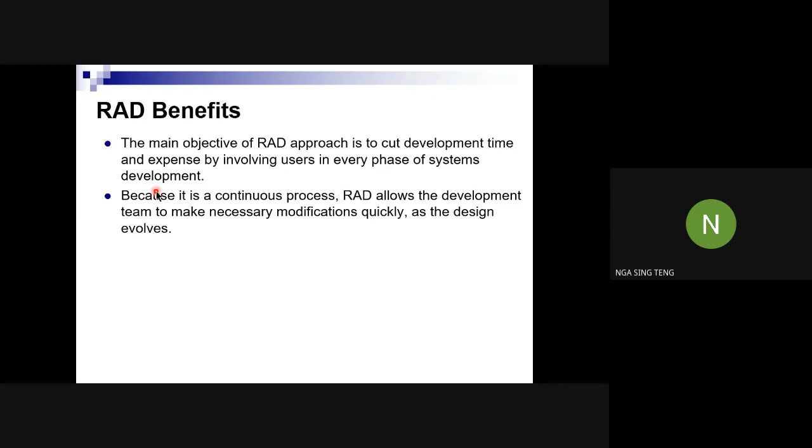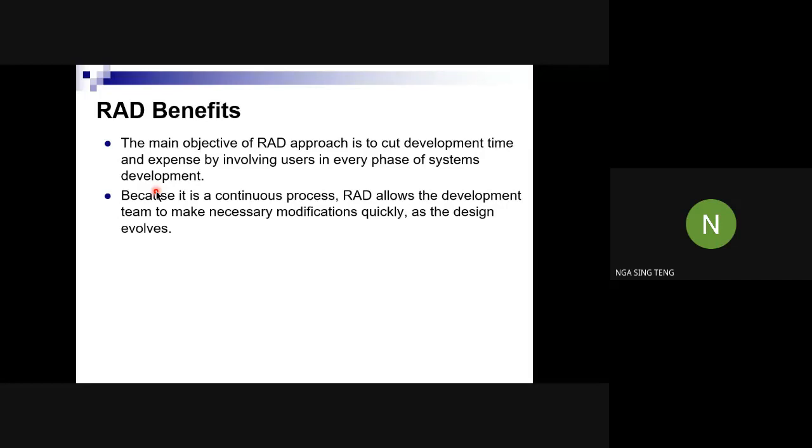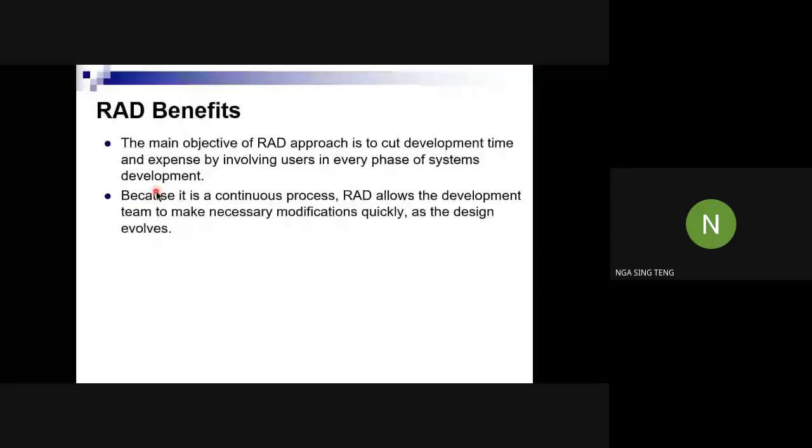So because it is a continuous process, RAD allows the development team to make necessary modifications quickly. The model is considered flexible and effective because the final product that you come up with is usually what the user wants.